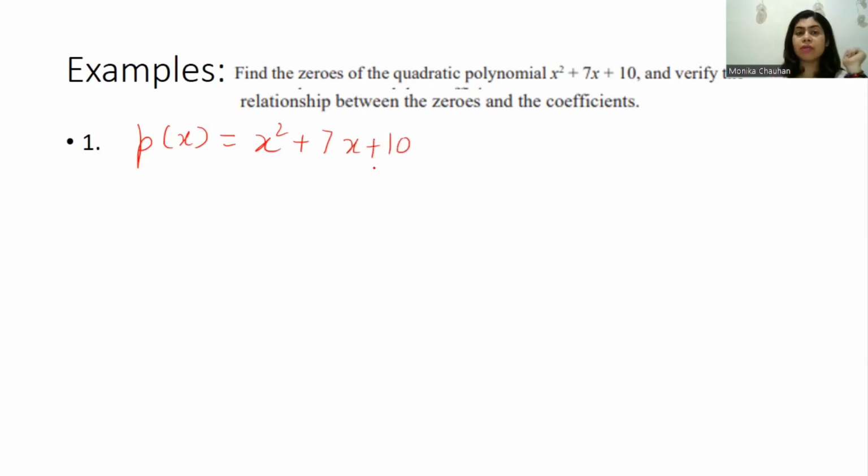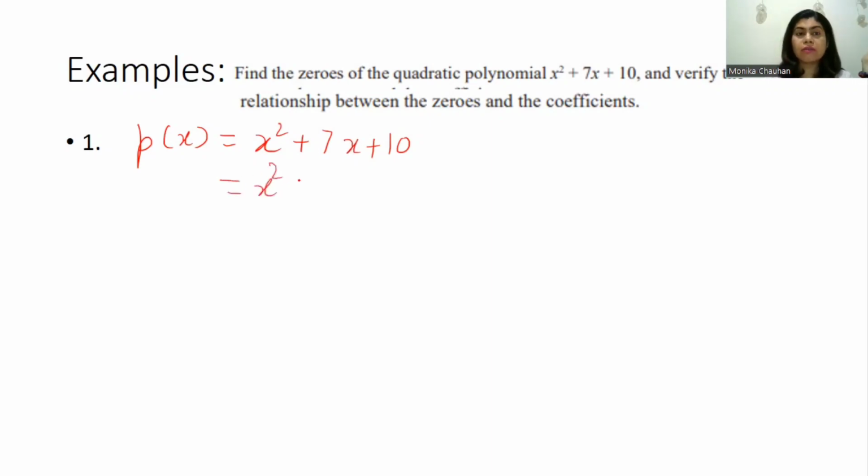Now what is my middle term in this? 7. So what should I get here to get that 7? So 2 plus 5 makes 7 and 2 into 5 also makes 10. Remember, for middle term splitting, you need two numbers such that their sum is 7 and their product is 10. You have done this in the last question as well.